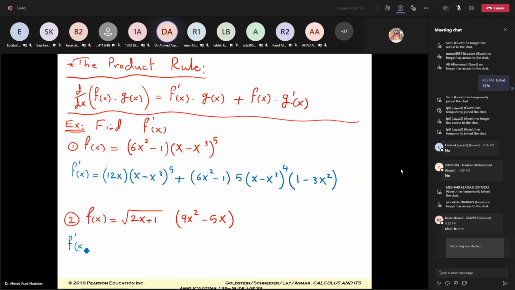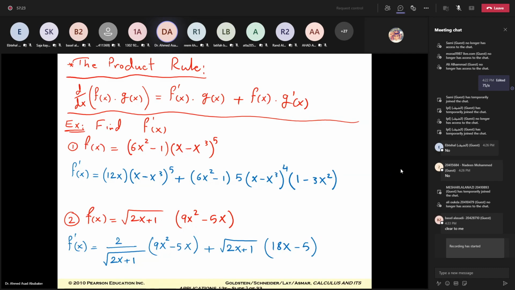Number 2, the derivative of the radical equals 2 over radical 2x plus 1, multiplied by 9x squared minus 5x, plus the radical as it is without any derivative, and the derivative inside the brackets, the second, equals 18x minus 5.